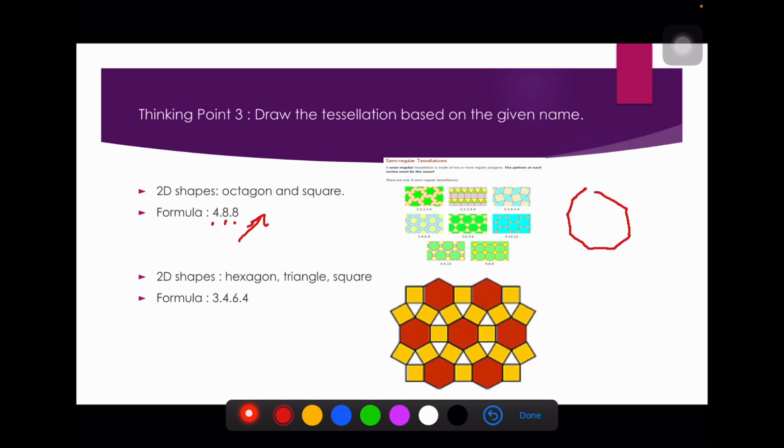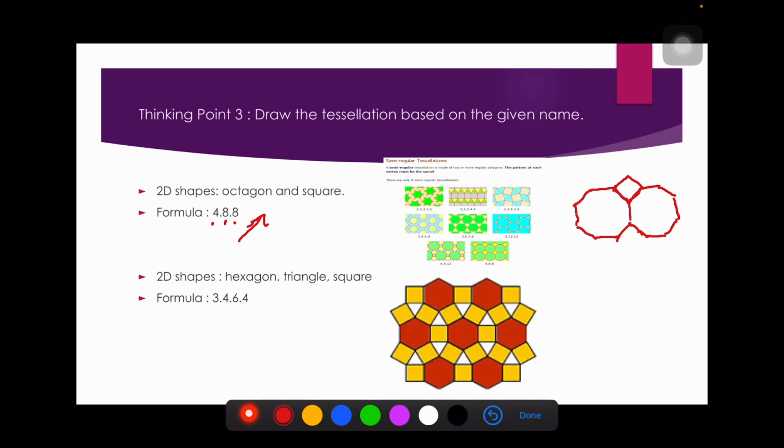My octagon is not so nicely drawn. If it's an octagon, 1, 2, 3, 4, 5, 6, 7, 8. So these are octagons, and then you have one square. So it looks like that.